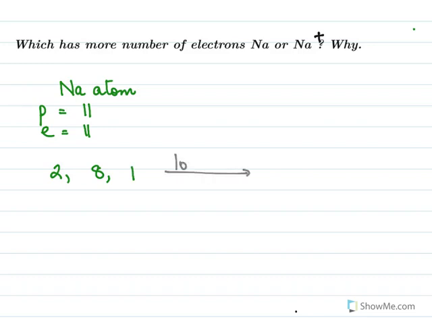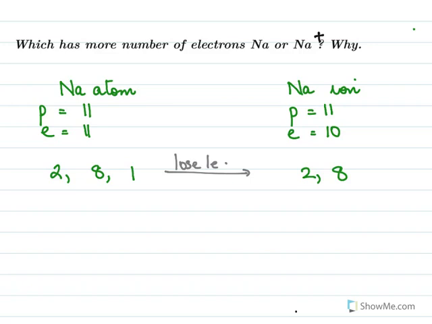It loses one electron. And when it loses one electron, it becomes a sodium ion. Now in the sodium ion, the protons are the same because it has not lost any protons. Electron it has lost. So earlier it was 11, now the electrons will become 10 because one is lost. And the configuration of the sodium ion will be 2, 8.